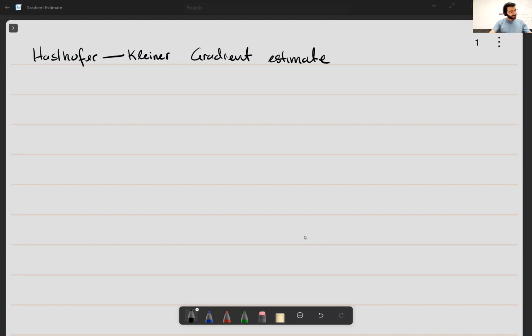Thanks, Glenn. So I'm going to be doing probably the last big estimate for this series. Remember that a few weeks ago I proved the gradient estimate for mean curvature flow of two convex surfaces in dimension 3 or higher, right?